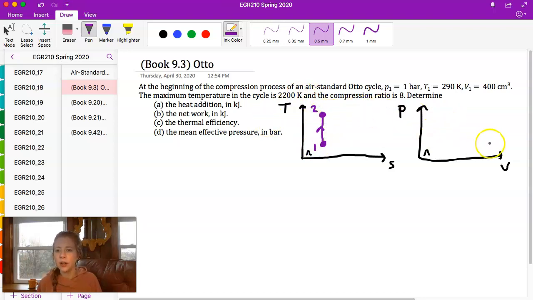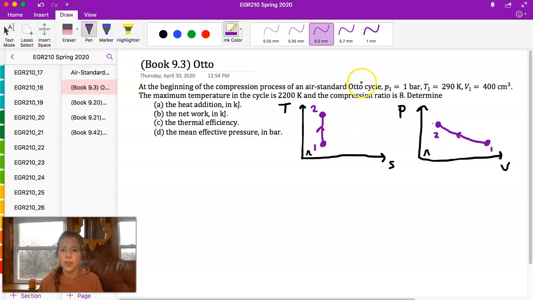So over here, let's put 1 over here. And with isentropic compression, we're getting a decrease in volume and an increase in pressure, so we'll end up probably somewhere over here. So there's process 1 to 2 on the PV diagram.